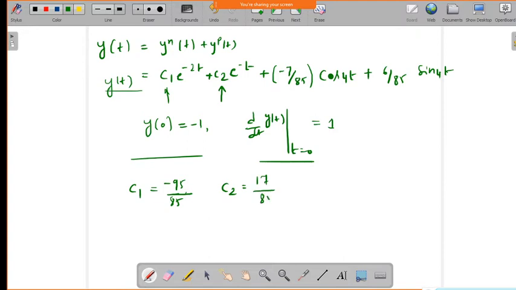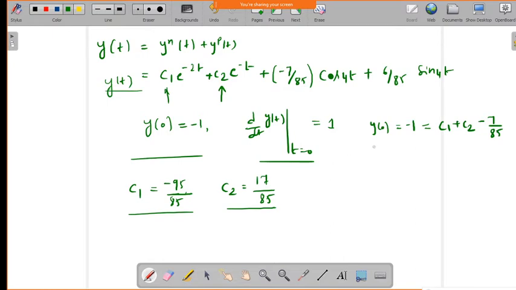Okay. So, did anybody get the same answer? Your y of 0 equation will be: y of 0 is equal to minus 1, which is equal to C1 plus C2 minus 7 by 85.